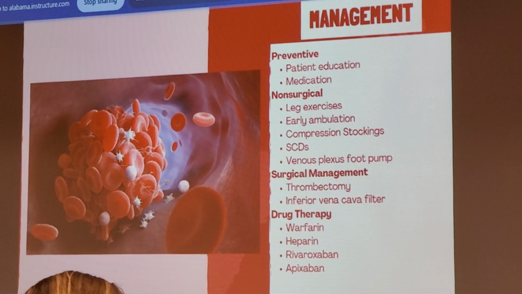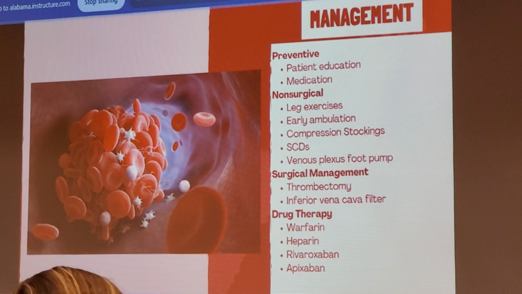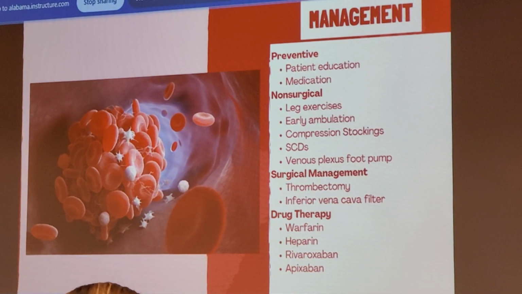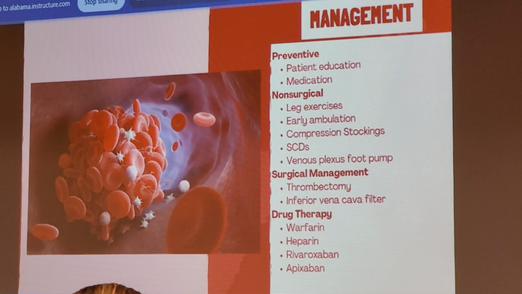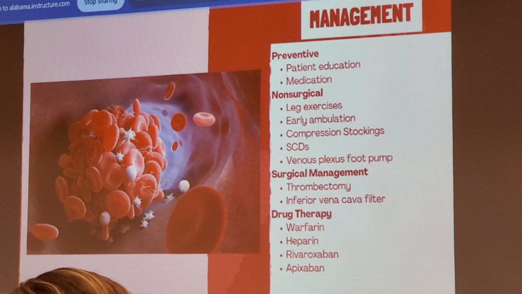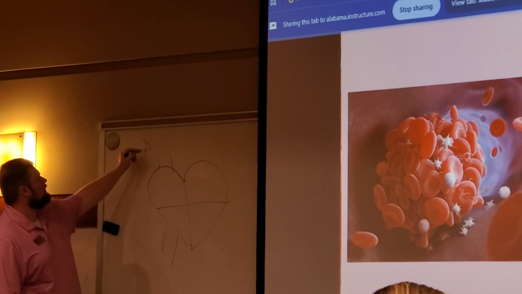At the top. Going into the heart. Oh, that wasn't bad. I'm a nurse, I'm not an artist, so. Okay, the superior is on top and the inferior is below. So you've got your superior vena cava here, all right?